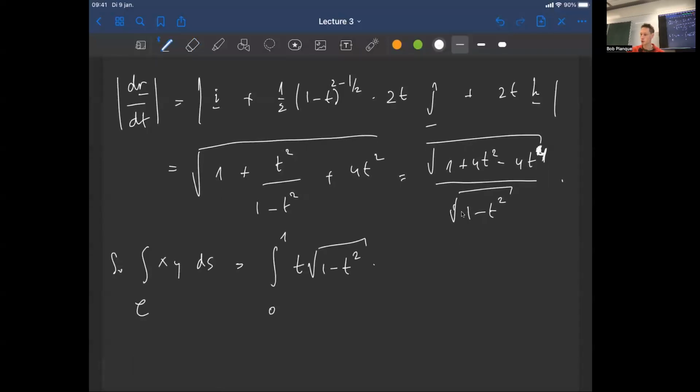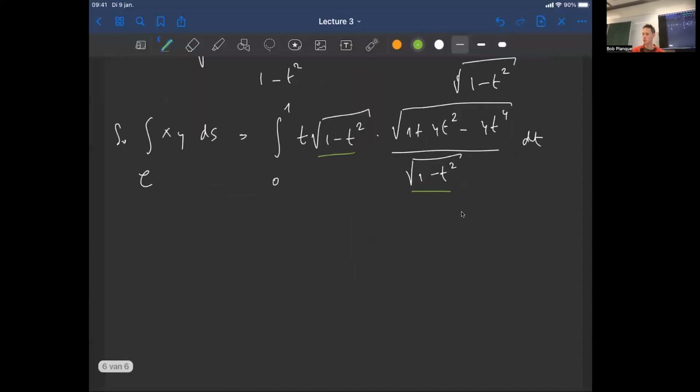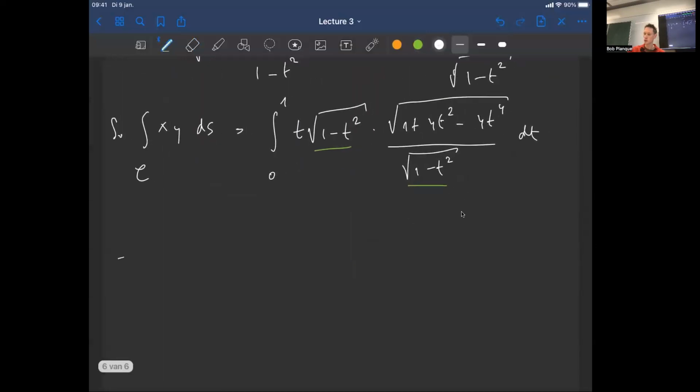And we just computed that, the square root of 1 plus 4t squared minus 4t to the 4th, divided by the square root of 1 minus t squared. So just underlining those two, they cancel. I don't want to write through it. So we get this thing.